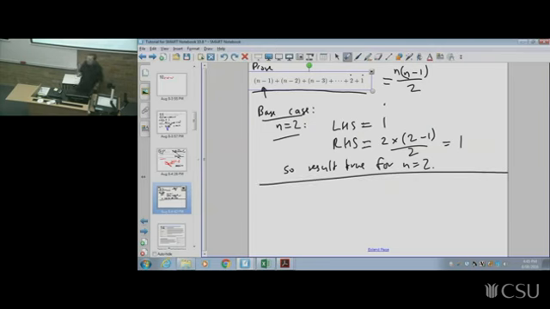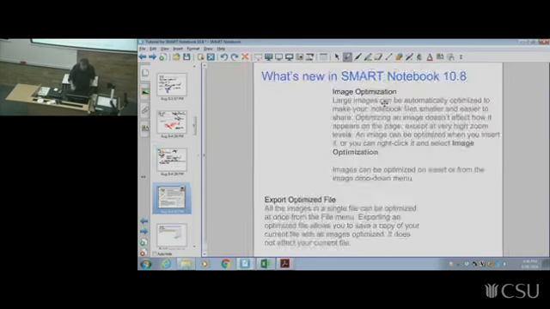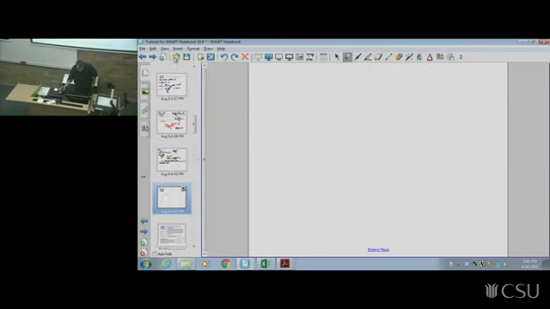The next thing you need to do is what's called the inductive step. So the inductive step pretty much says, I want to assume it's true for a particular value. So what I'm really doing is, I know it's true for n equals 2.